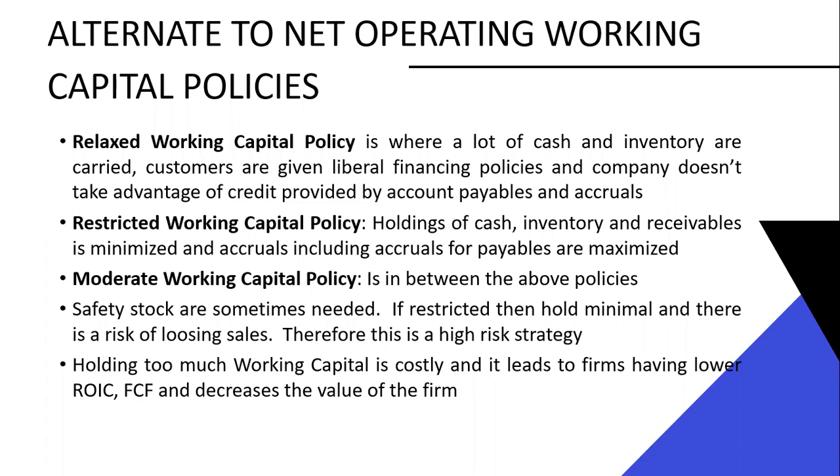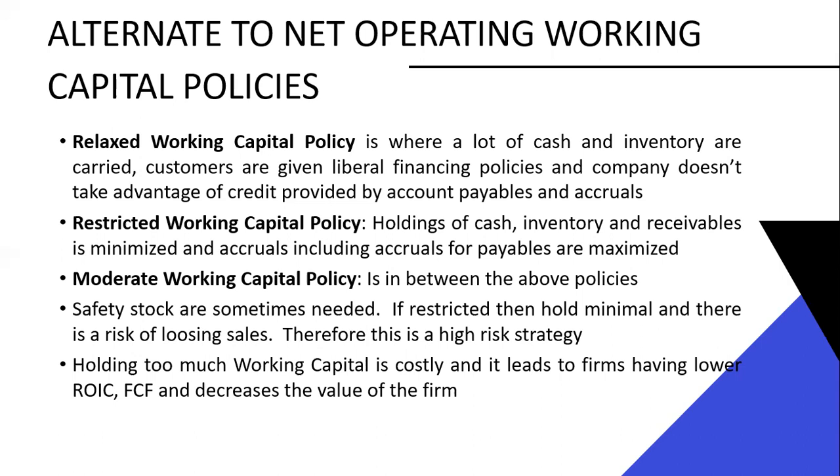This is where a lot of cash and inventory are carried by the company, and customers are given liberal financing policies, and companies really don't take advantage of the credit provided by accounts payable and accruals. So it's just really relaxed. Nobody is really pushing the customers to pay up. As far as the payables go, whenever somebody's asking to get paid, then you pay them. It's a very relaxed kind of approach.